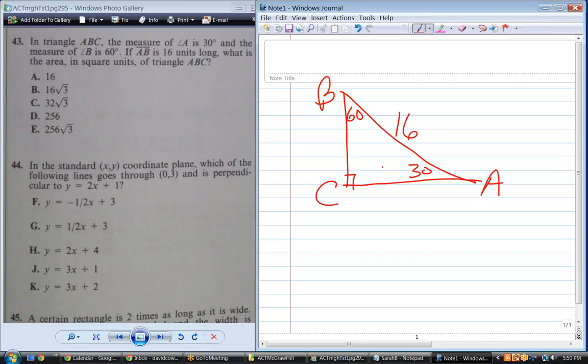What is the area of the triangle? Is this a trig problem? No, it isn't. It's knowing your 30-60-90 right triangle.